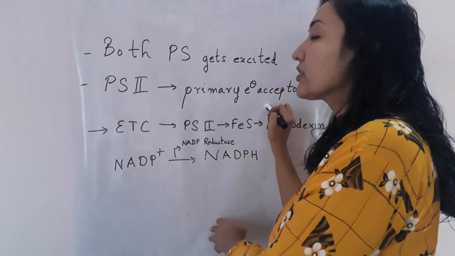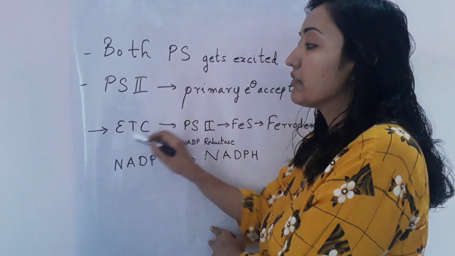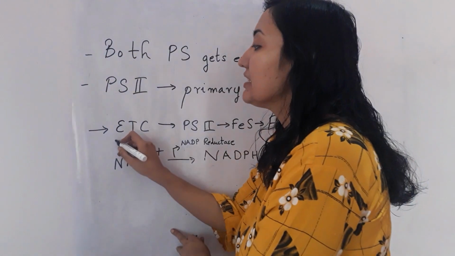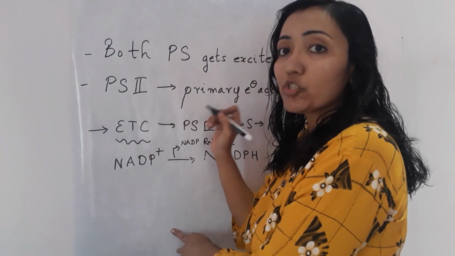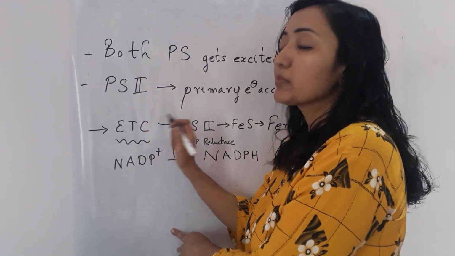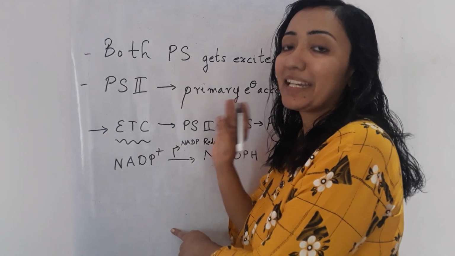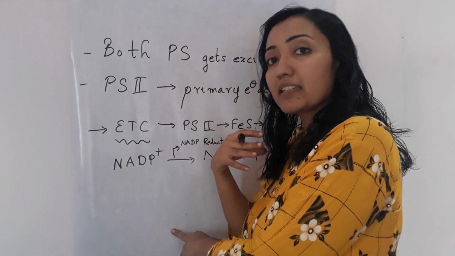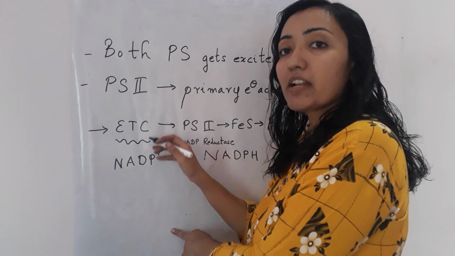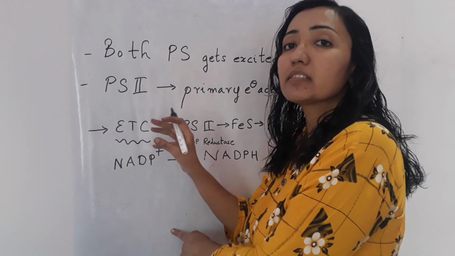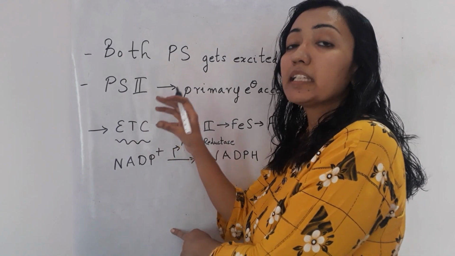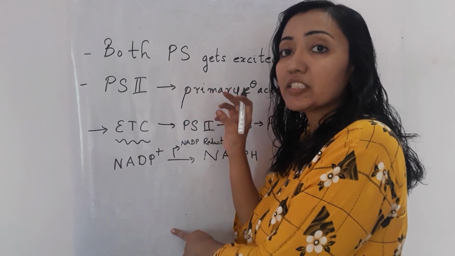From the primary electron acceptor, the electron is given to ETC. What is ETC? Electron transport chain. The electron transport chain consists of 3 electron carriers, which we have seen in the last class. In the electron transport chain, the electron always moves with the energy downhill. Why is the energy downhill?